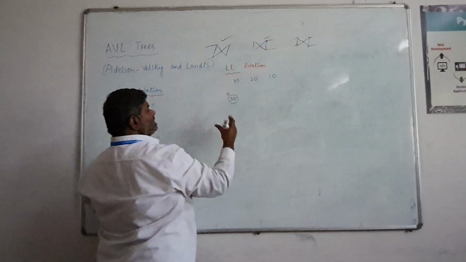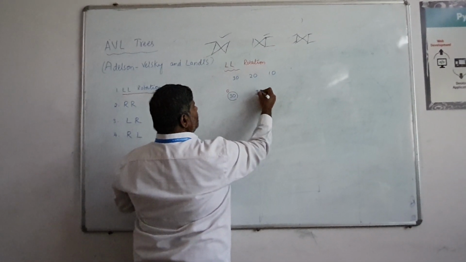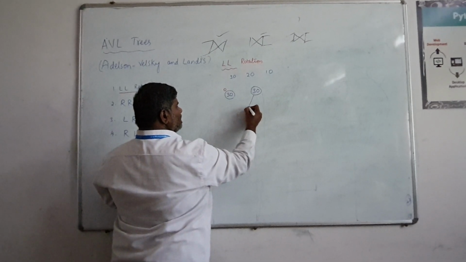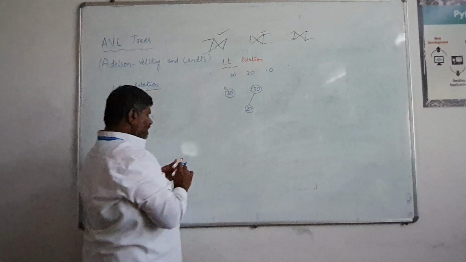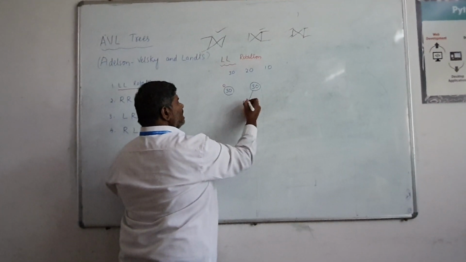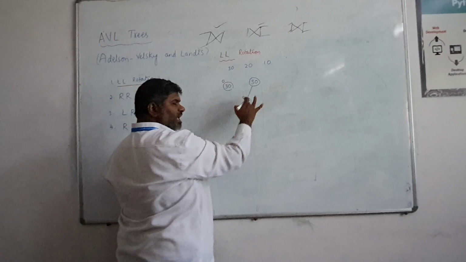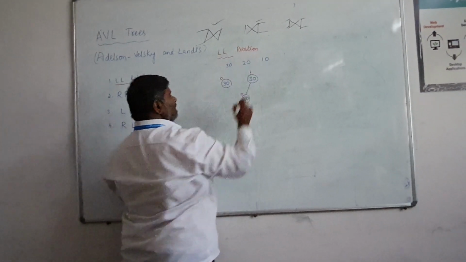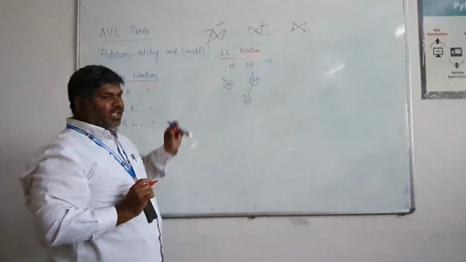The next element is 20, which is less than 30, so it will be placed on the left side. The balancing factor for 20 is 0, and for 30 the left side height is 1 and the right side height is 0. 1 minus 0 is 1, so no problem.